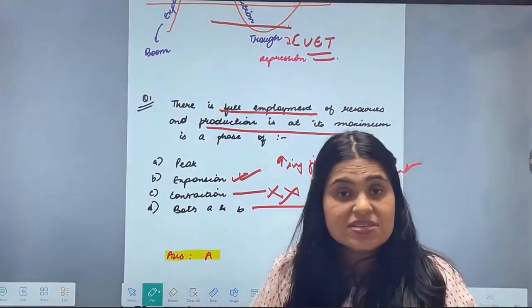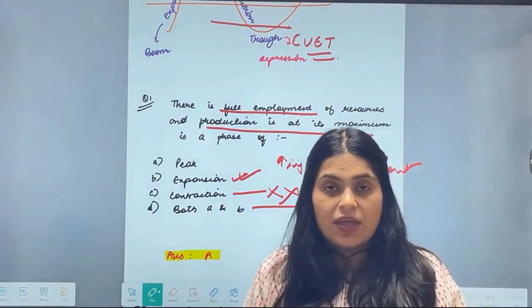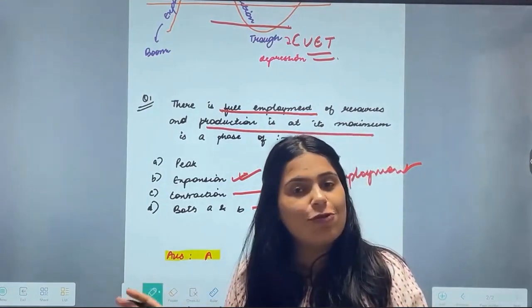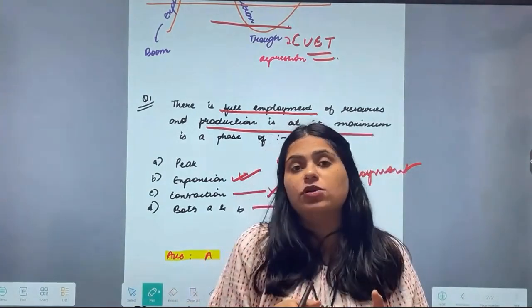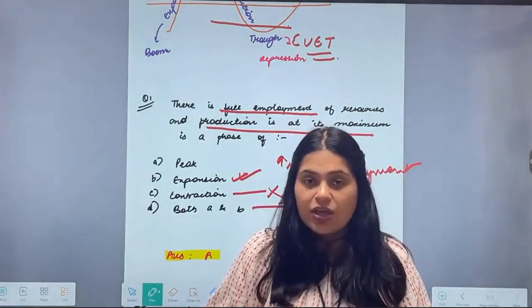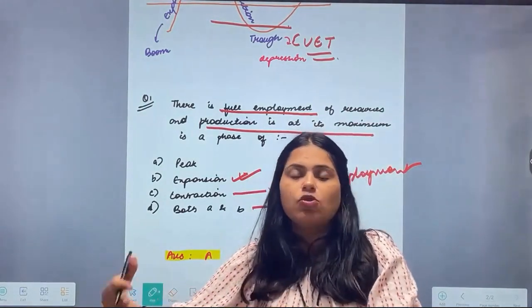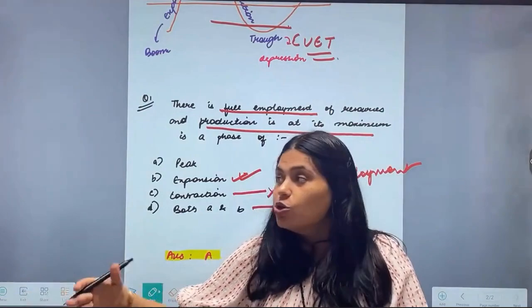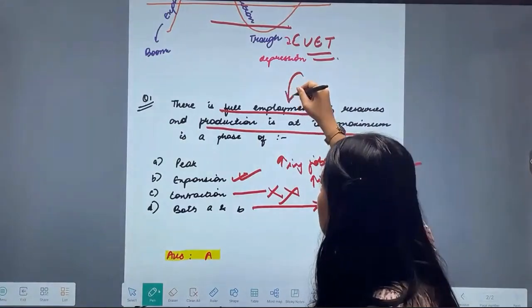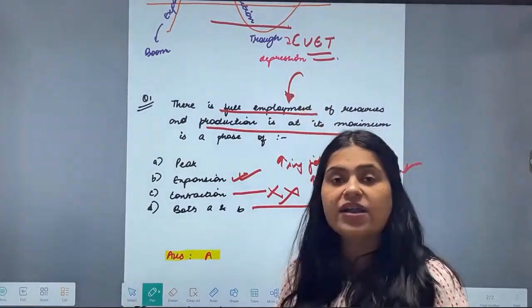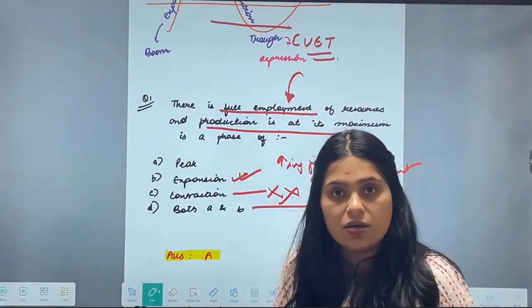But in economics, we have a concept of full employment level. You haven't attained that full employment level yet. You are increasing the employment opportunities, right? But here the question is asking that you have full employment, jobs are at their maximum.